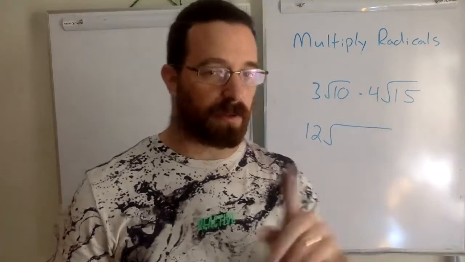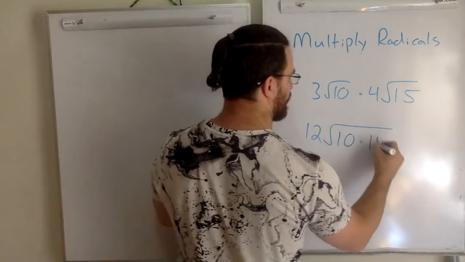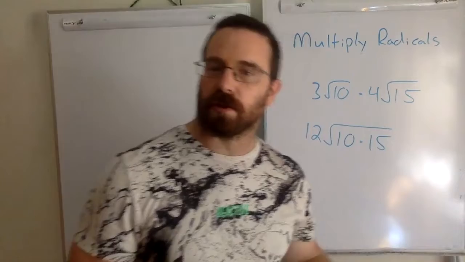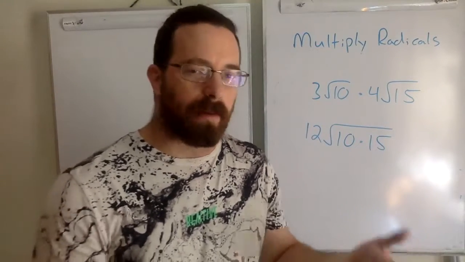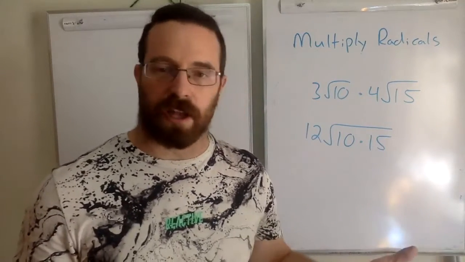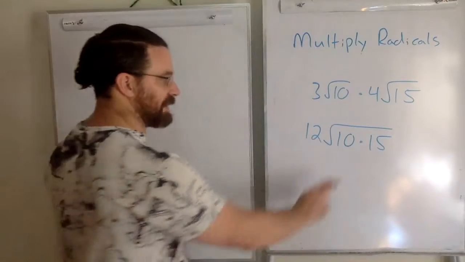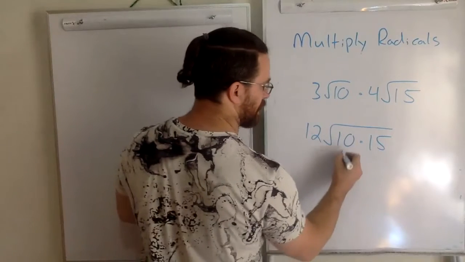Show the multiplication, but don't do it. So if I have 10 times 15, the reason why there's no point in multiplying them together is because you're going to start breaking them down to look for the perfect squares anyways. So why multiply it together just to do an extra step that you're going to undo in the next step? So just leave it like this, and from here, start breaking them down.